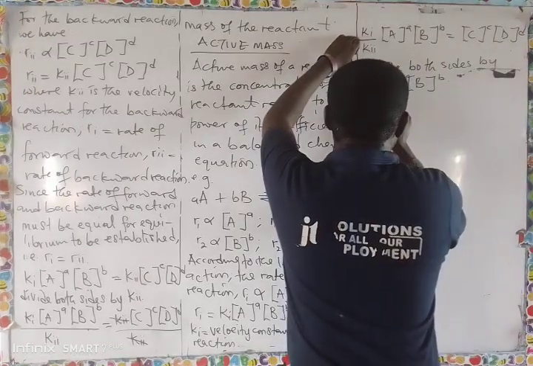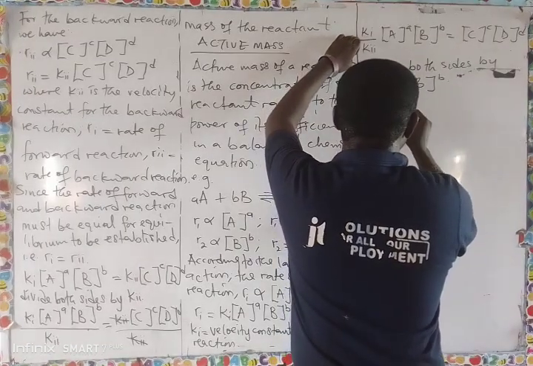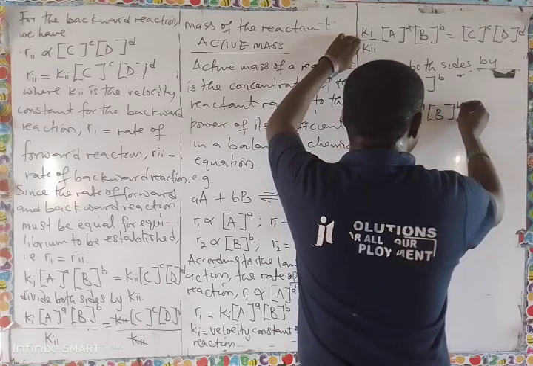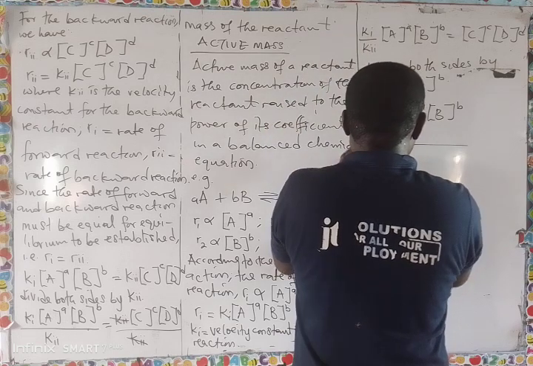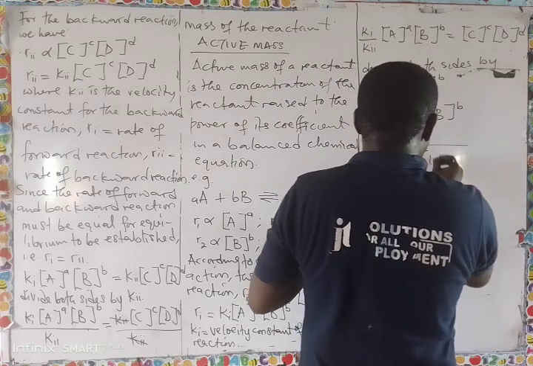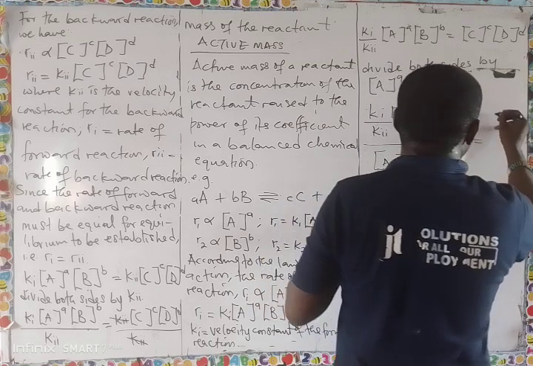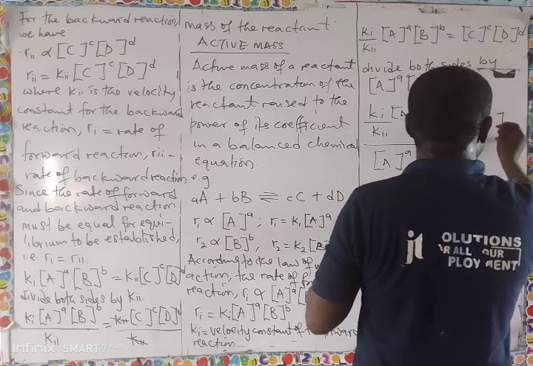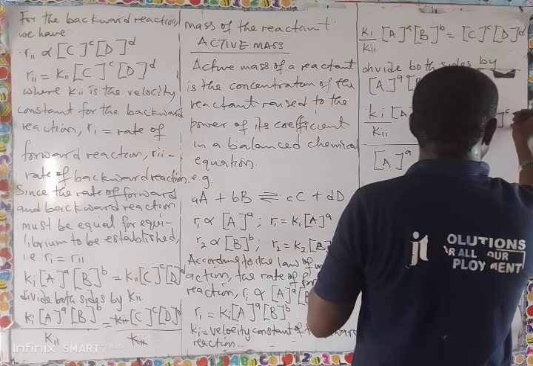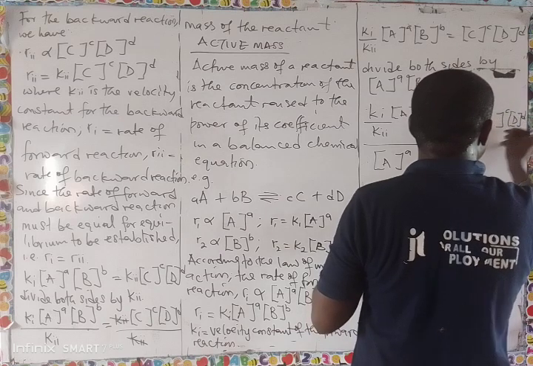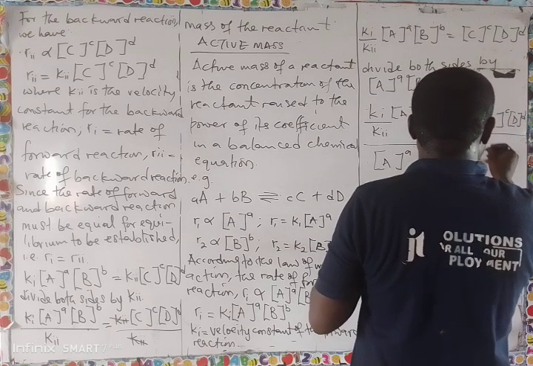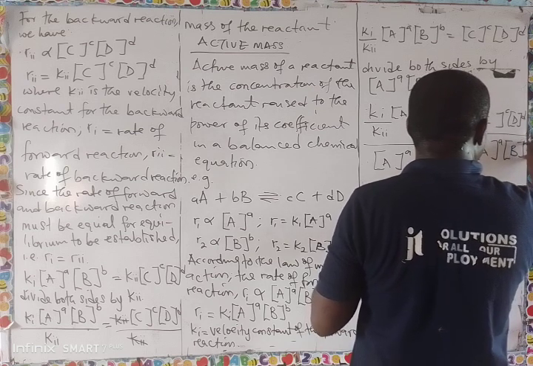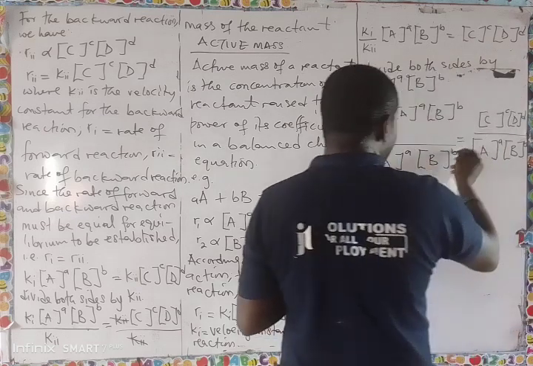We have KI over KII, A raised to the power A, B raised to the power B, everything over A raised to the power A, B raised to the power B, is equal to C raised to the power C, then D raised to the power d over A raised to the power A, B raised to the power B. So this one will now cancel.